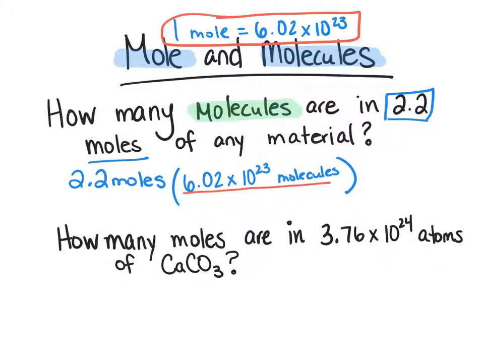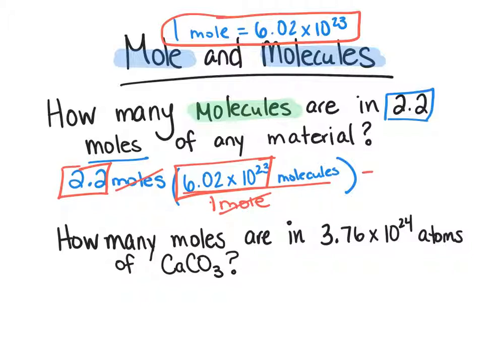So I've taught you to put 1 mole on the bottom so that our moles unit cancels out. Well, any number over 1 is simply itself. So that tells me that I'm going to take my 2.2 moles and I'm going to multiply it by 6.02 times 10 to the 23rd.